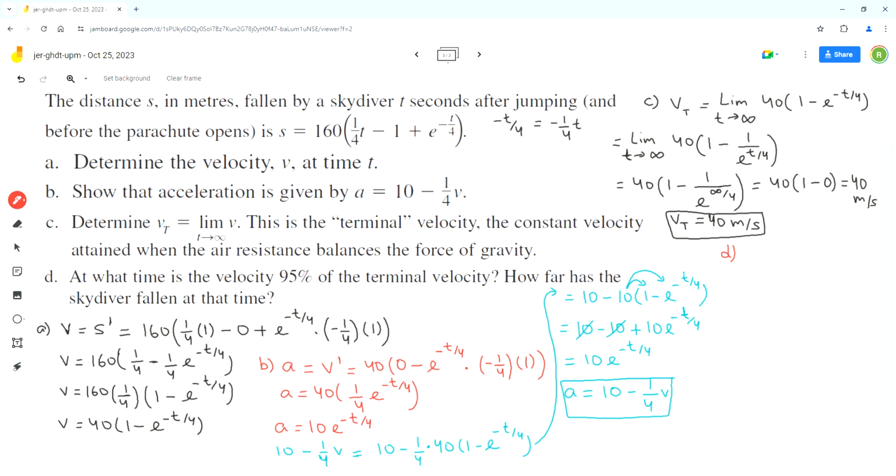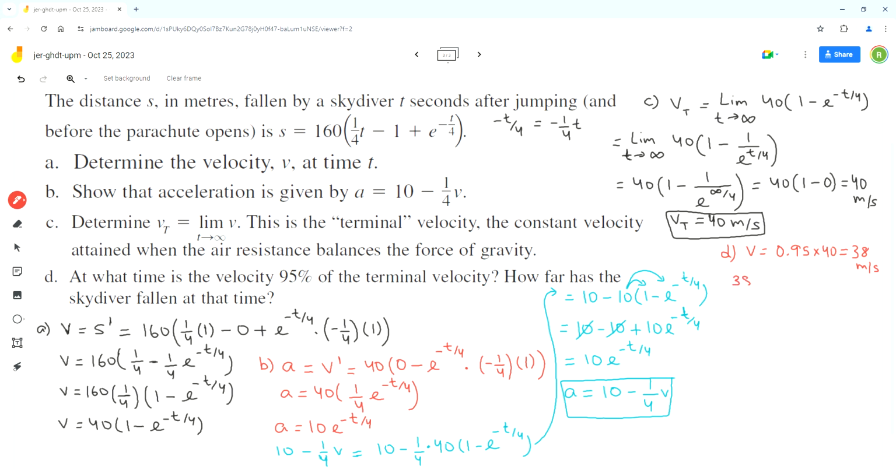For that we'll do v equals 0.95 times 40. So now we can do this calculation, which is equal to 38 meters per second. Now we have to sub in this v value in the velocity function we got in part A and solve for time.